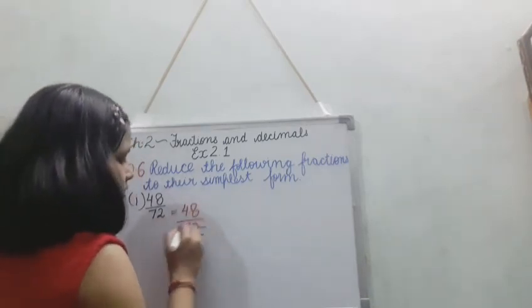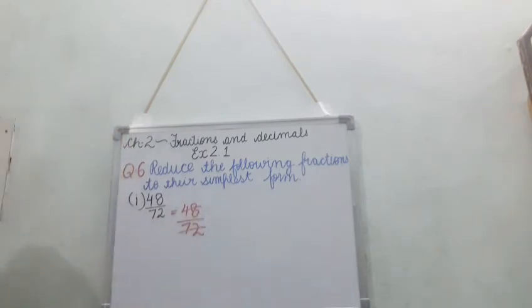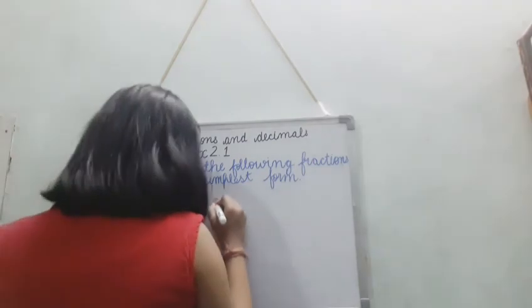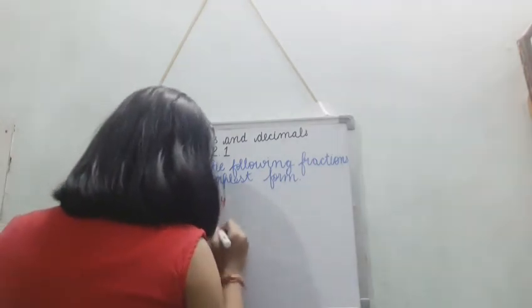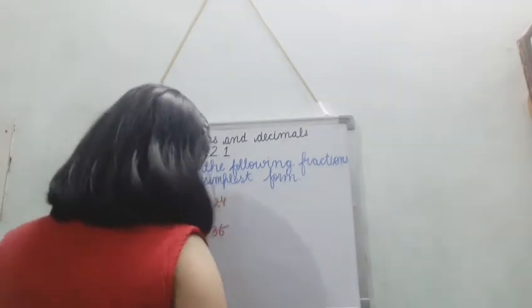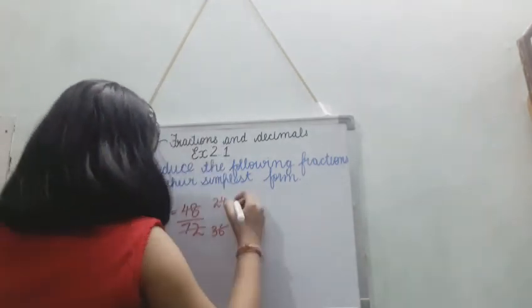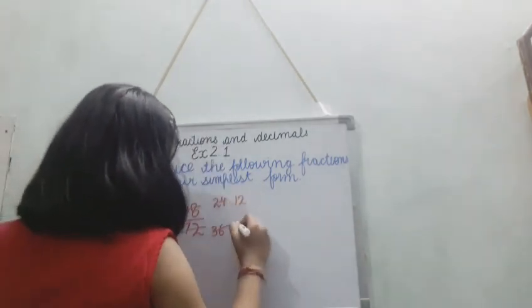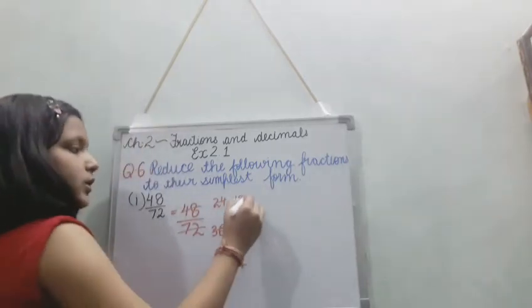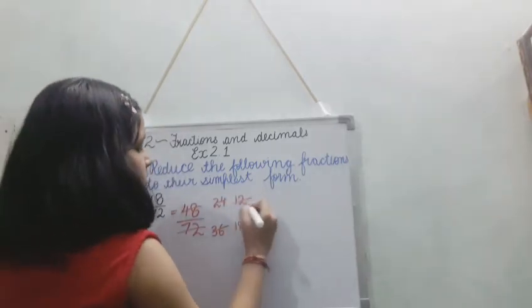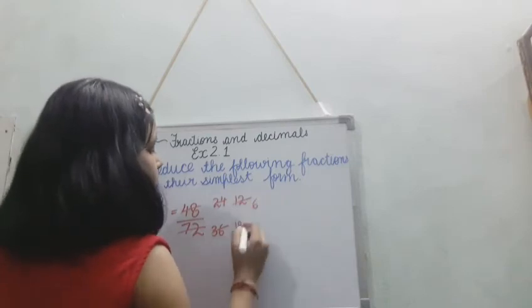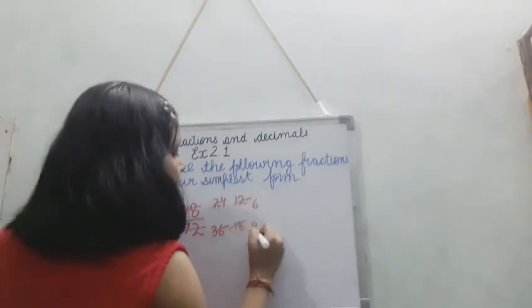So 48 and 72, when they are divided, will come 24 and 36, and then when you divide 24 and 36 you will get 12 and 18. Then when you divide, 12 becomes 6 and 18 becomes 9.